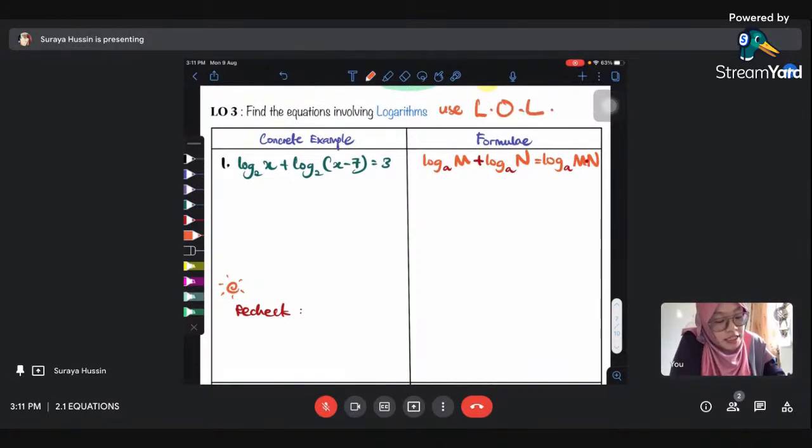In this type equation yang ada logarithm, log ni yang mempunyai 4 formula. You should memorize it by now that we have 4 formula untuk log. Tulis itu, ada 4 formula untuk log.